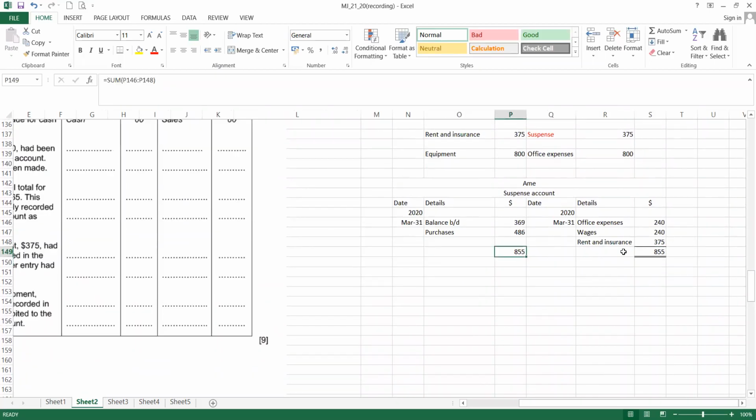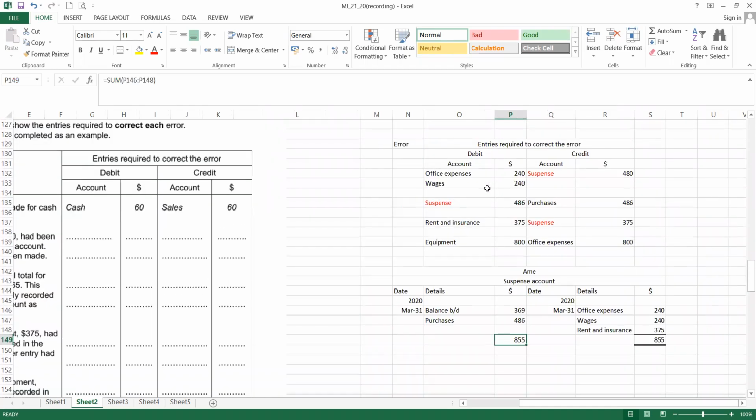If we found a difference, that means we made a mistake in this adjustment. Most of the time, for the suspense account in the exam, they seldom give you differences after you put in all the adjustments. The total debit and credit should be the same.